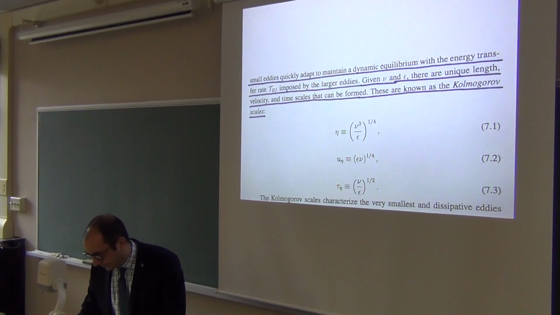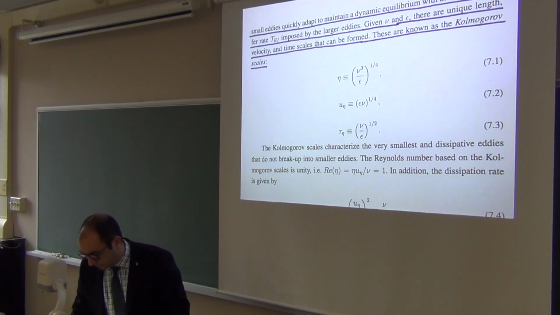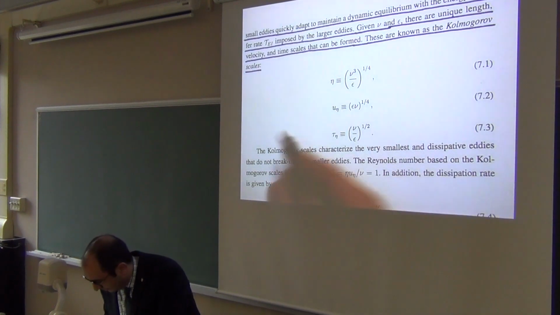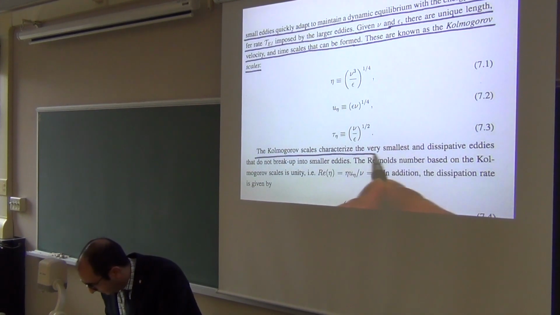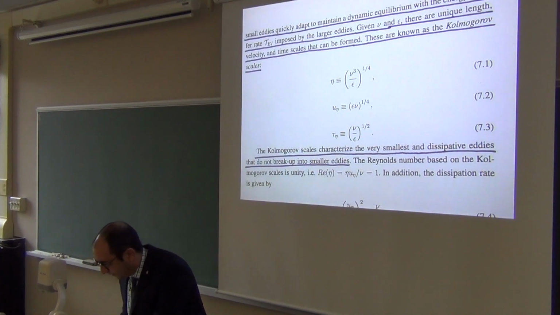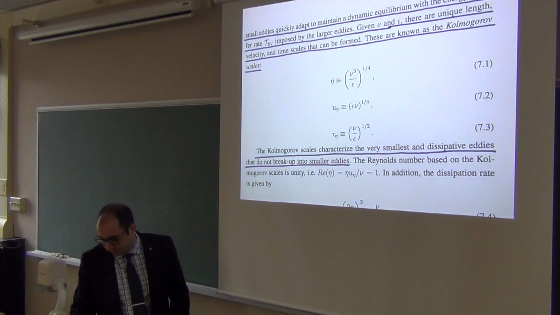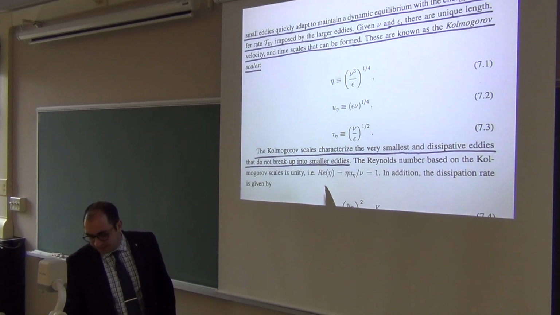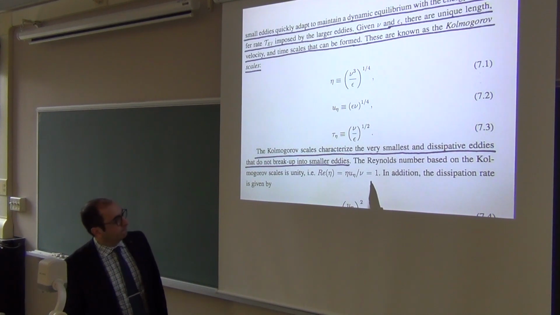So these are the smallest fluctuations you may get, the very smallest dissipated eddies that do not break up into smaller eddies. By definition, this should happen when the Reynolds number at the last stage of the energy cascade is around 1.